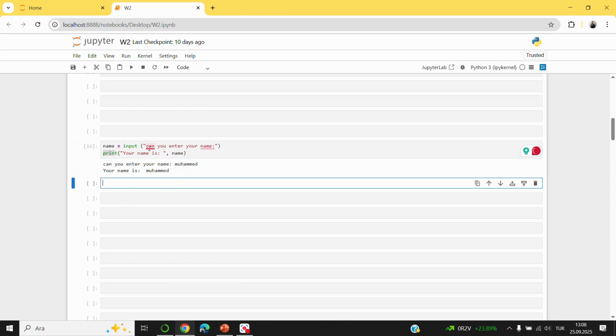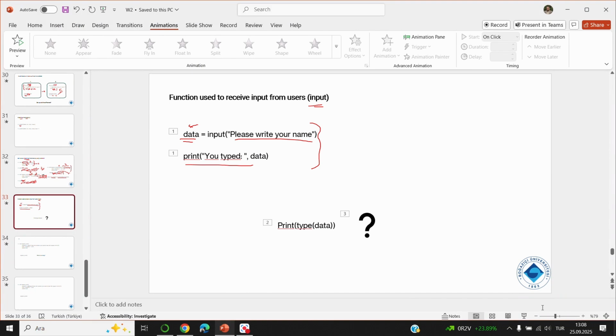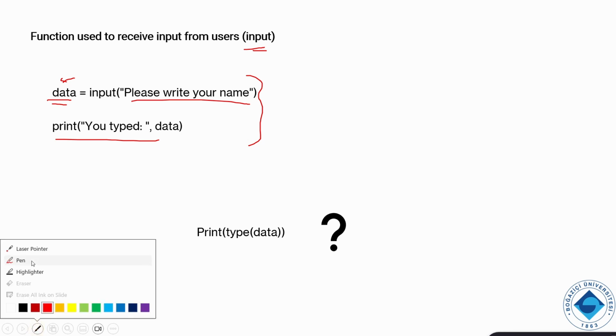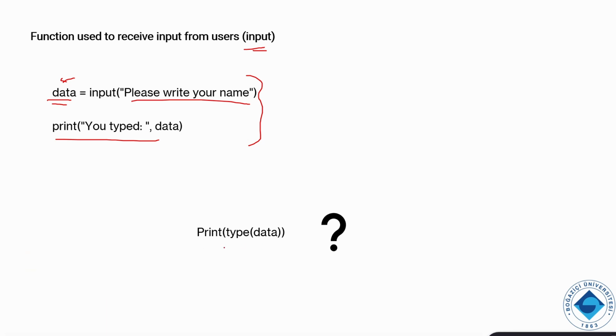Like this, you can take any input from users like name, surname, age, country, all values, all data structures like integer, string, float. And the question is, and it is so important by the way, what type of data do we see once I ask the type? It is always string.